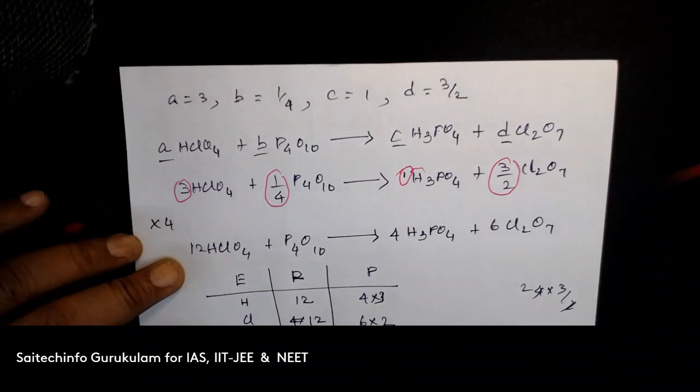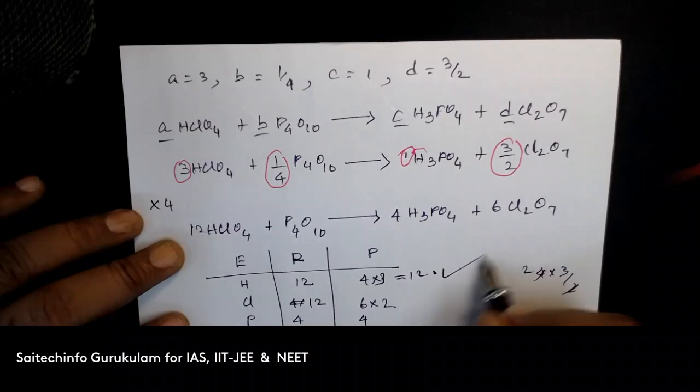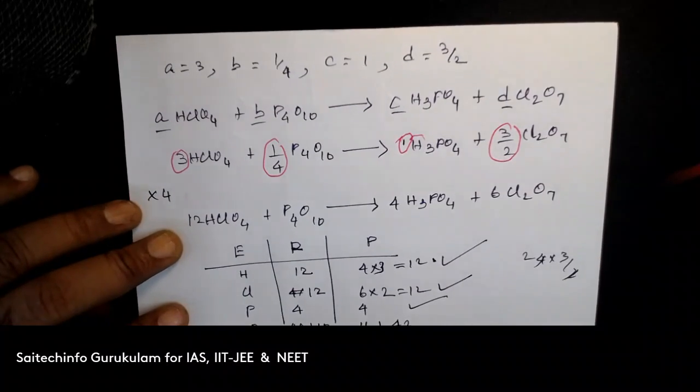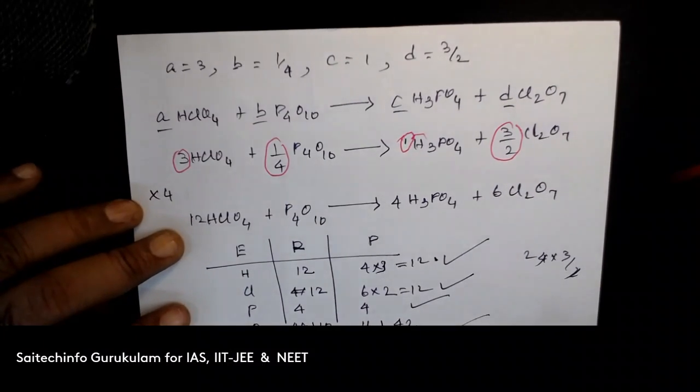Oxygen: 12 into 4, 48, plus 10, that is 58, and on the right 4 fours are 16 plus 6 into 7, 42, that is 58. So everything is balanced. Are you able to follow?